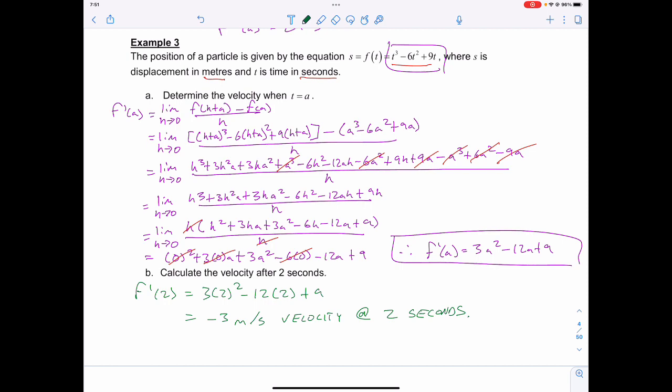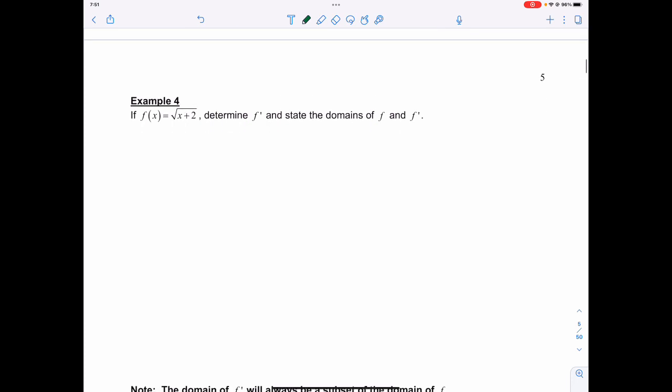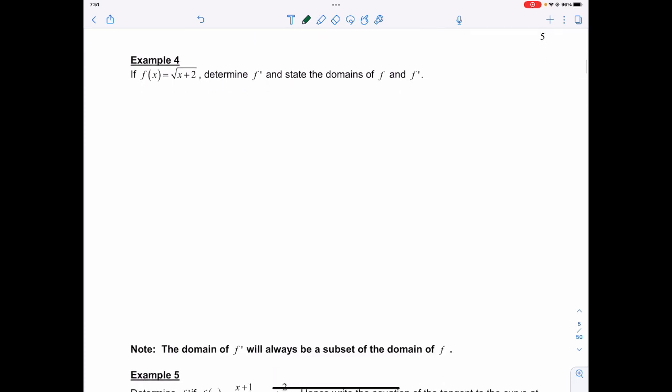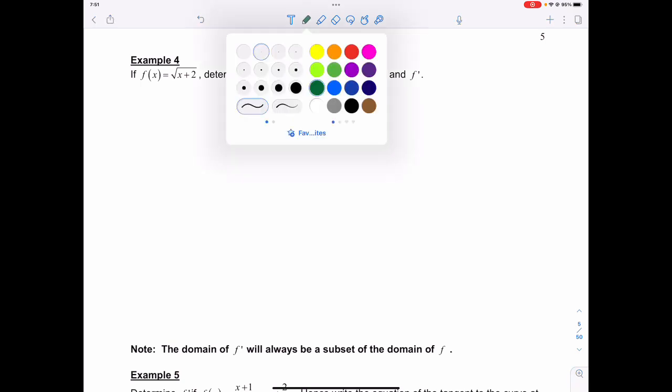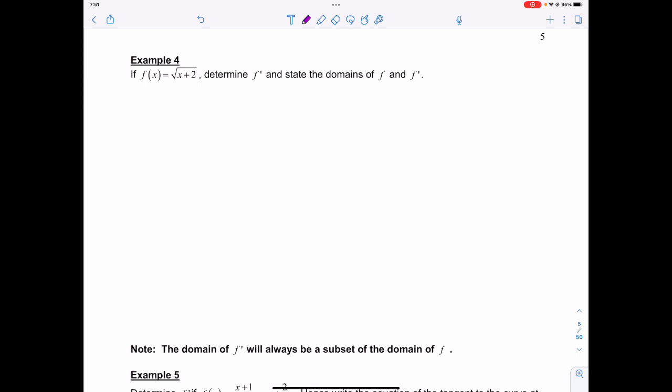All right, let's take a look at example 4. For example 4, if f of x is equal to the square root of x plus 2, determine f prime and state the domains of f and f prime. So in this case, we're solving for f prime at x.